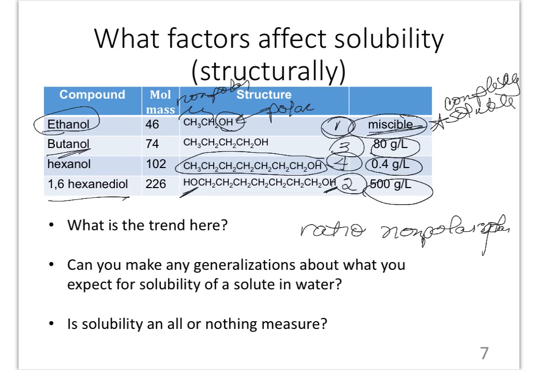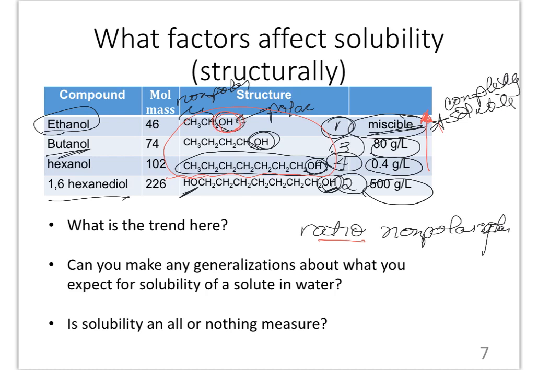So each of these compounds has a polar section, and they each have a nonpolar section. But let's ignore the one on the bottom for a minute. Let's just look at these three. What's making the solubility go up in this direction? It's again the ratio of the two.